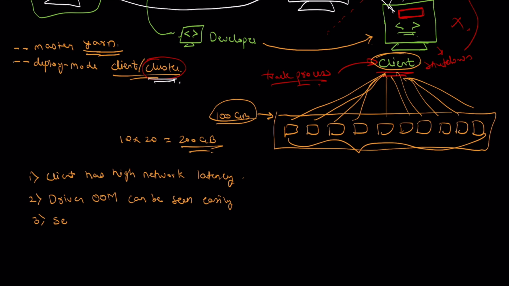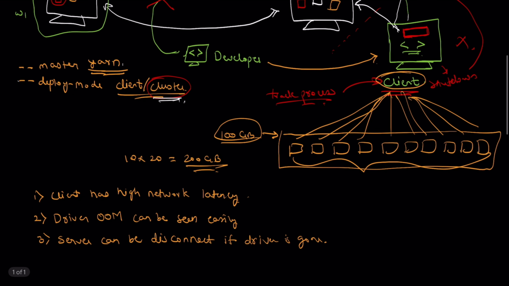And the server can be disconnected if the driver is gone. So if we lose the connection from the client to the cluster, executors would shut down and the process would terminate then and there itself. And the fourth advantage is that it is used to debug.